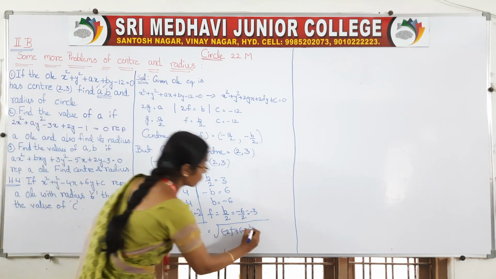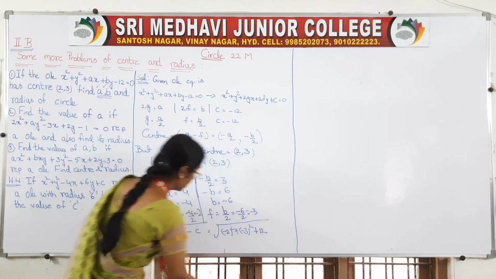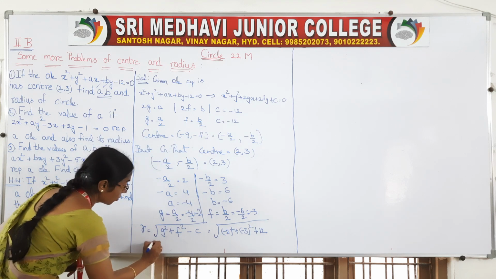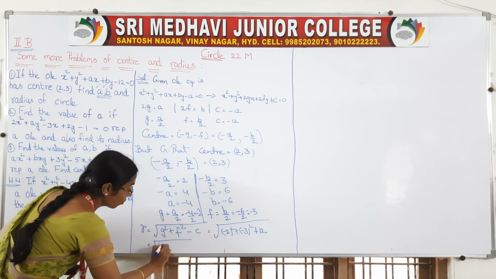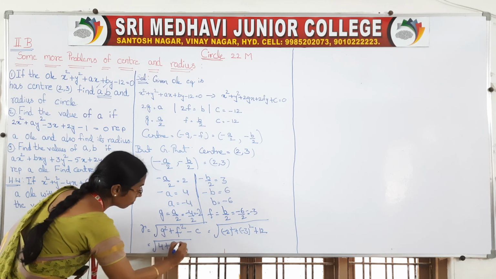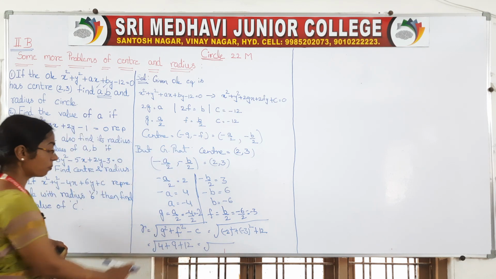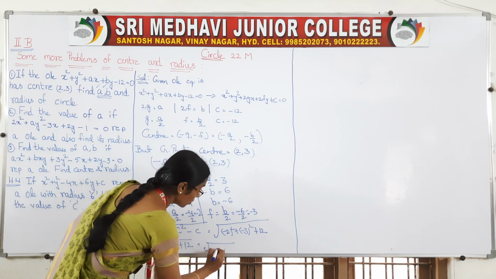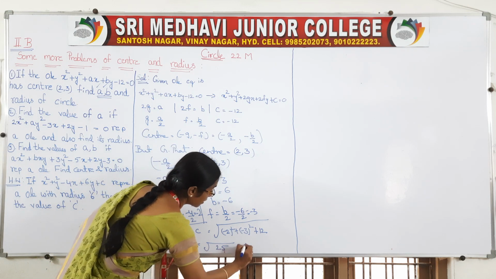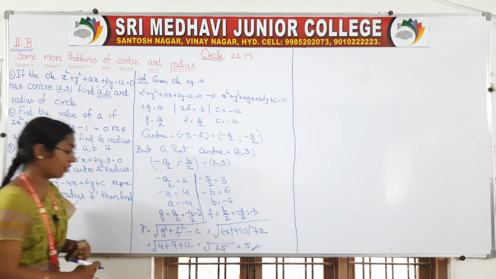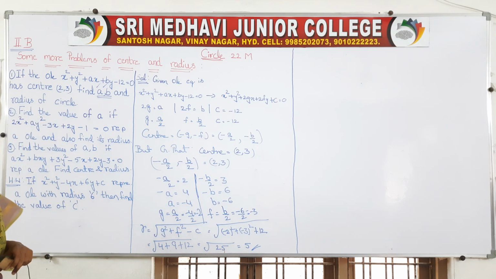Minus 12, so minus of minus is plus 12. So it is equal to root of 4 plus 9 plus 12, that is root of 13 plus 12, root of 25, which is equal to 5. That is the answer of your first question.